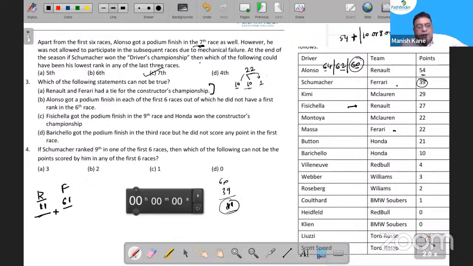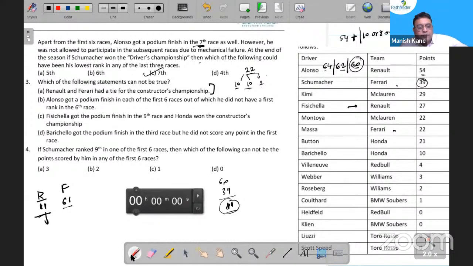What is the maximum tally that this fellow can get? He can get a maximum of 30 score. So he can reach up to 91. But if he reaches 91, he will need 10 points, which is not possible because in all the 3 races, Ferrari has the top point. So this is not possible.